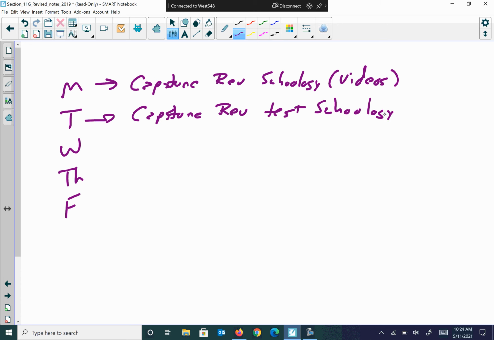Now, if you promise not to tell anybody, these two tests are the exact same test. The top one has videos for answers. The bottom one doesn't. No, you can't use your notes on it. But if you pay attention on Monday and get all your questions answered, you will see the exact questions that are on the end of the chapter. I'm using the capstone review that is not the video link as our last quiz.